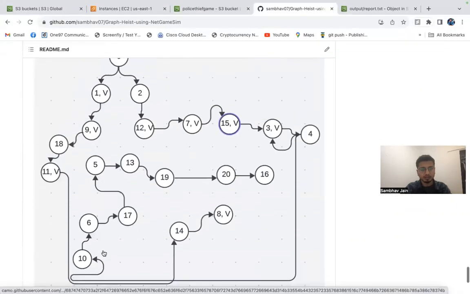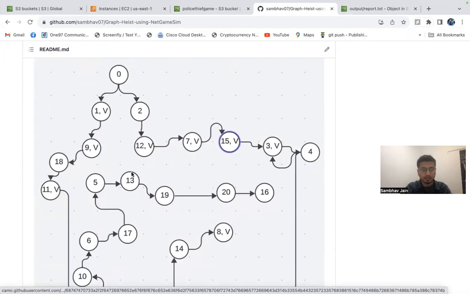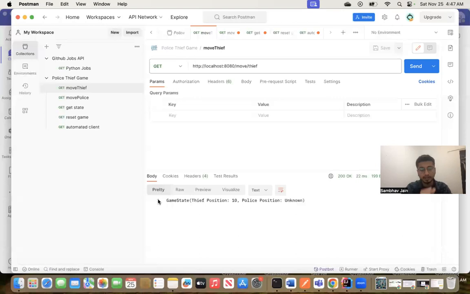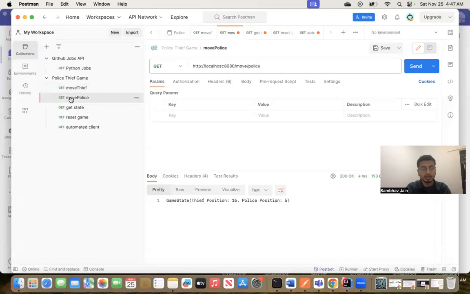So this is my graph with 20 or 21 nodes, since we have 0 here and the last node is 20. So we have 21 nodes here. And yeah, we are moving on the perturbed node, and the confidence score is being calculated with the help of the original graph. So thief is at position 10. Now let's make a move for police and let's see what happens.